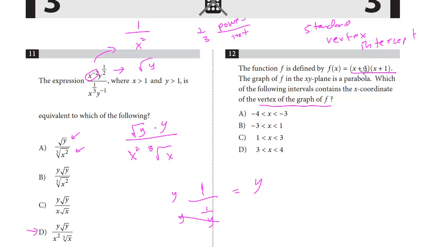These are both factors of the function. We said this earlier. If these are factors, we know that the two roots, the two solutions, are going to be -3 and -1. So if you think about it, this is an upward opening parabola because there's no negative, and it would cross the x at -1 and -3.